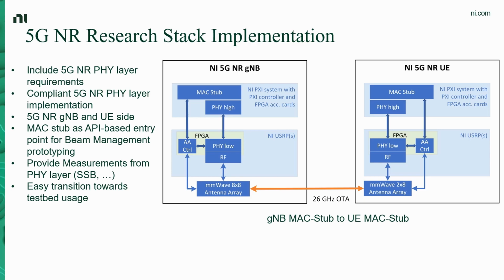The MAC stop is used as an API-based entry point for beam management prototyping. The G-Node-B is equipped with an 8x8 antenna array, while the UE is equipped with a 2x8 antenna array. The mmWave system architecture with related antenna array control, which is integrated into the 5G NR research stack, is presented on the next slide.